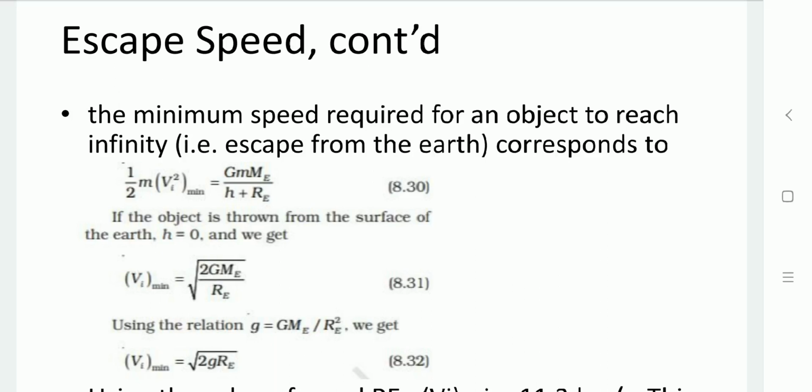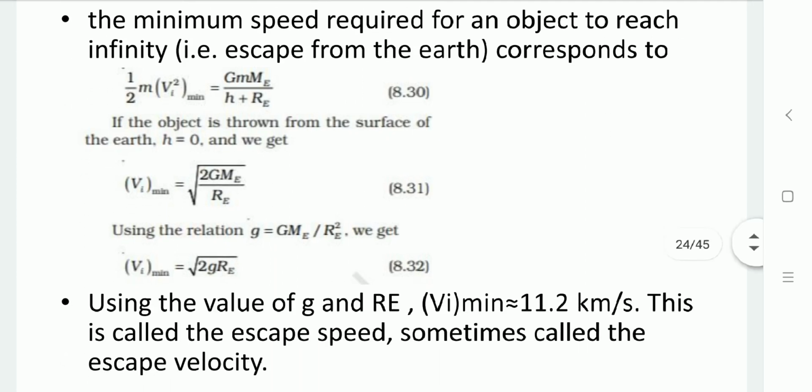Using the value of g as 9.8 meters per second squared, and Re, the radius of the Earth, we get a minimum velocity of about 11.2 kilometers per second for the object to reach infinity. This required minimum speed is known as escape speed, also known as escape velocity.